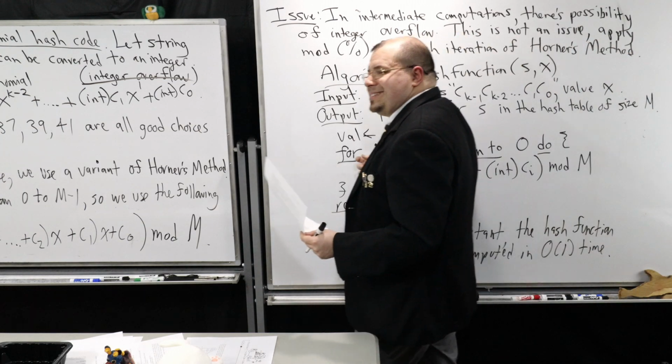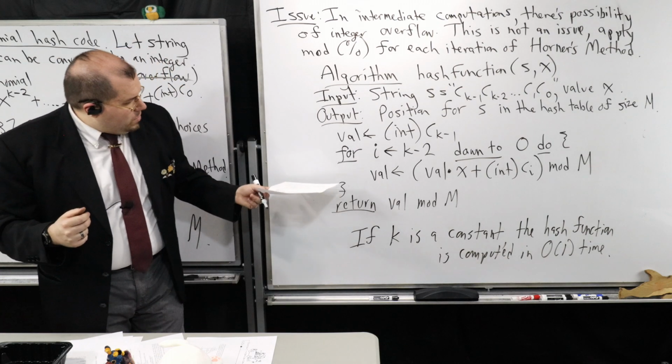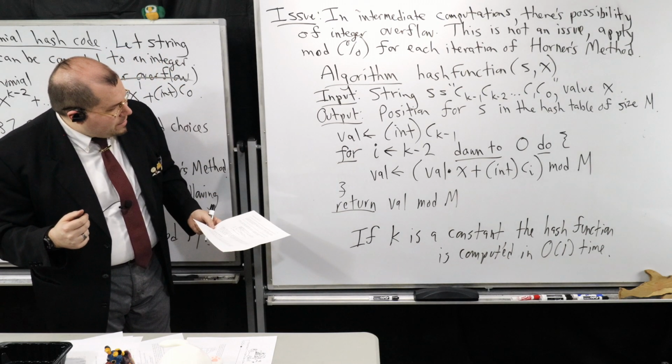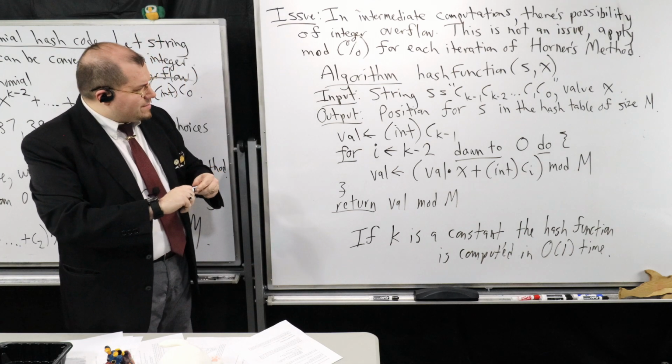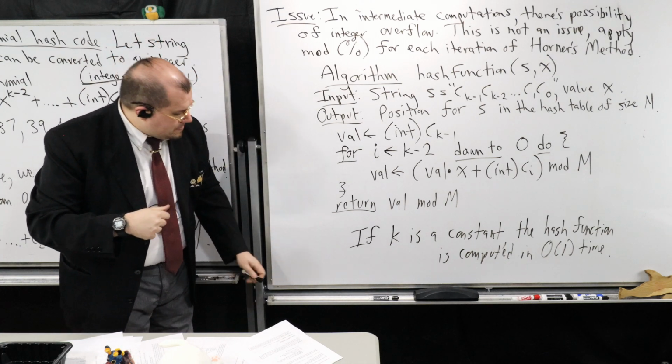So just take a quick look at how many iterations this for loop has, and that should tell you everything you need to know. So notice that the running time depends on k here.